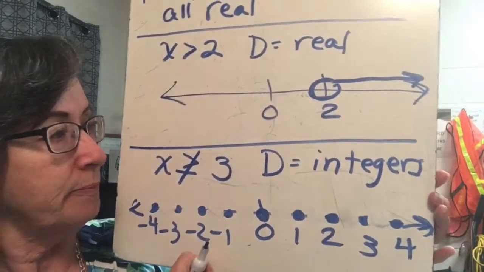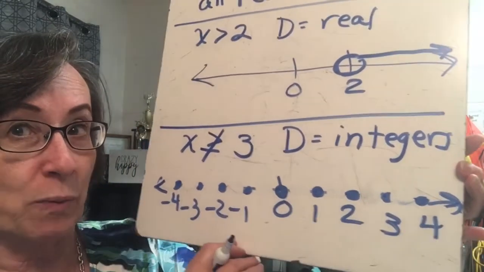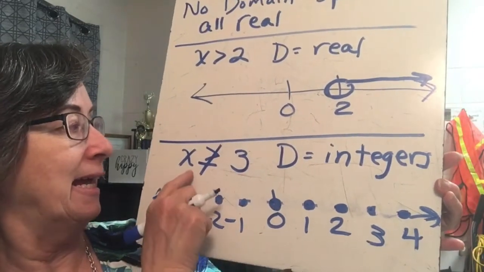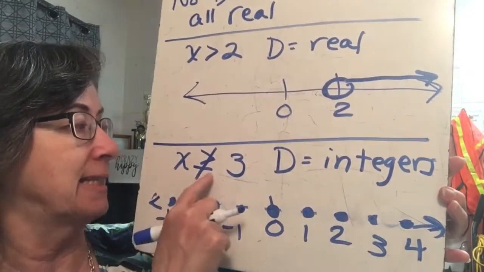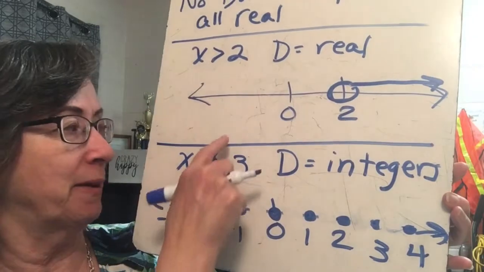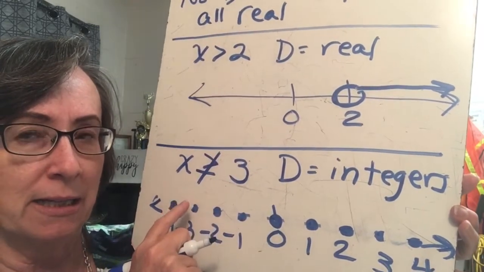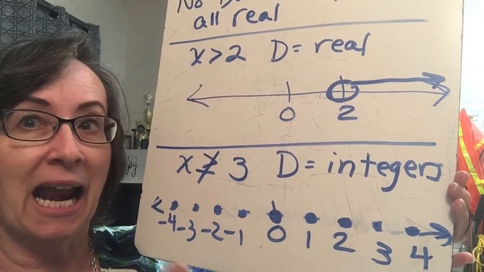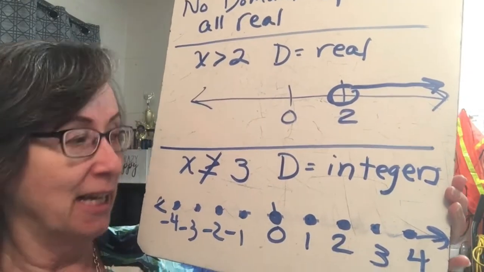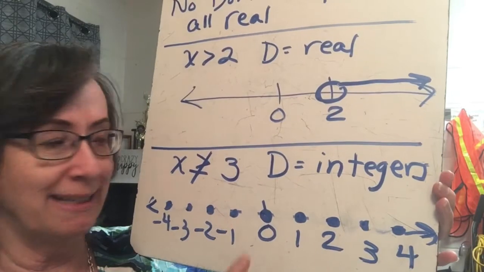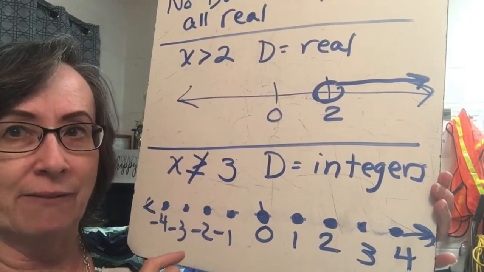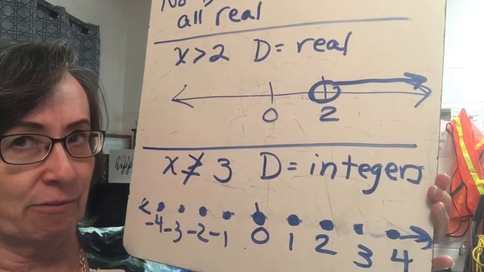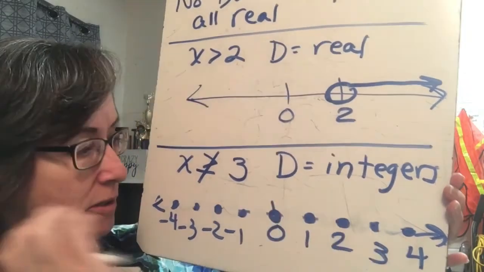So this is our domain, which is what x can be, and they're specifying x greater than or equal to 3, but then they have a slash through it. If it's not greater than or equal to 3, then it is less than 3. So we designate all of the x values less than 3 that are integers.